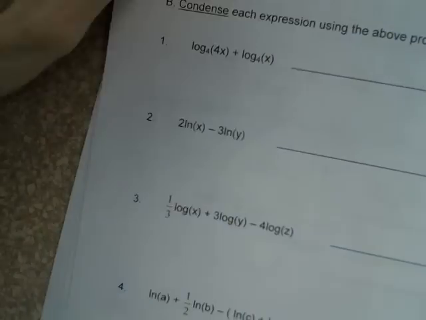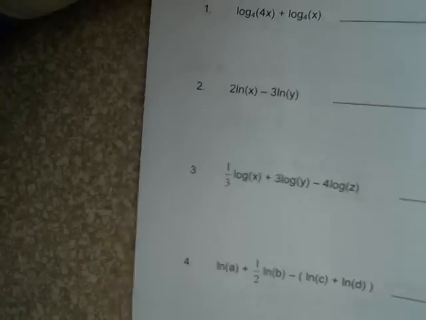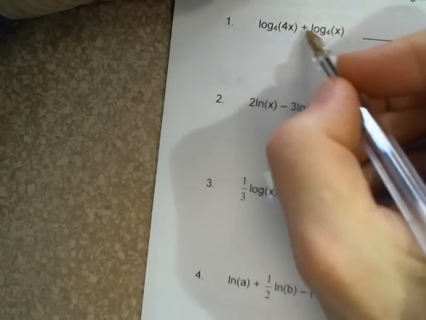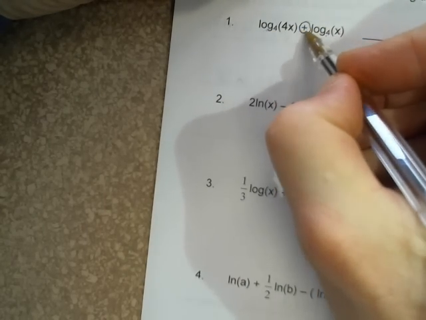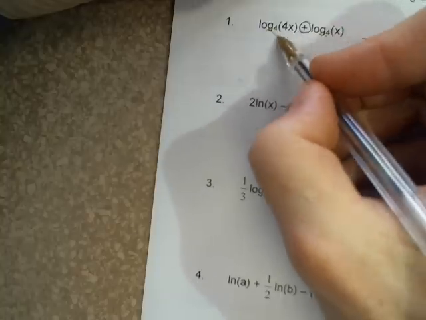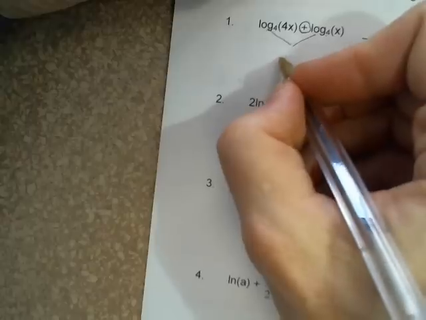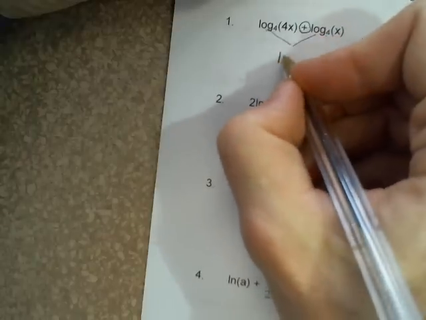So that's called expanding. Now going in the opposite direction is called condensing. So when we condense these expressions, if I see two log expressions with a plus sign in between, condensing means we're going to bring this down into one log expression. So two logs become one log.